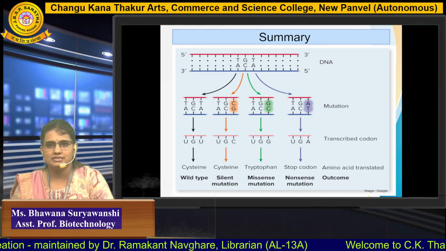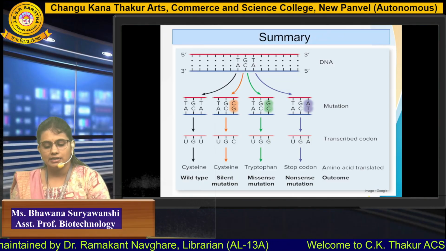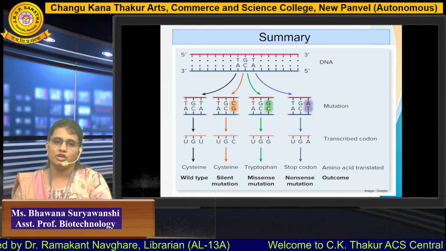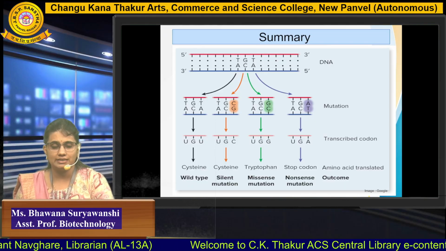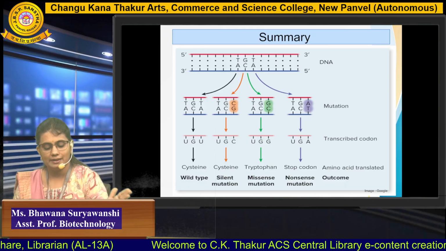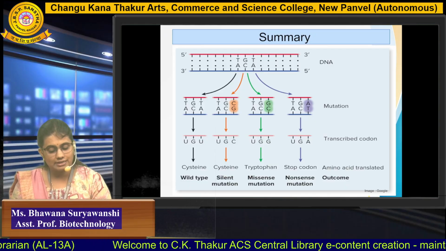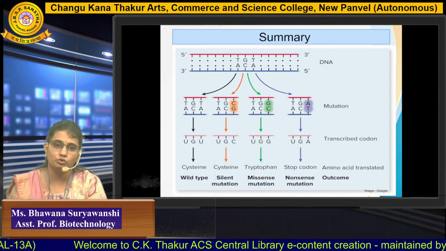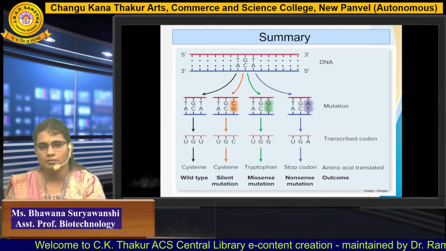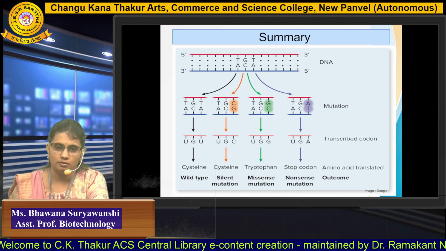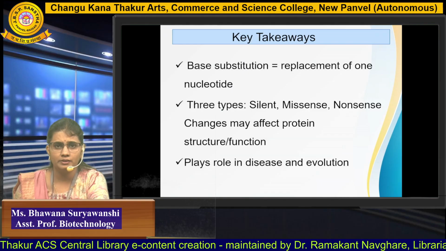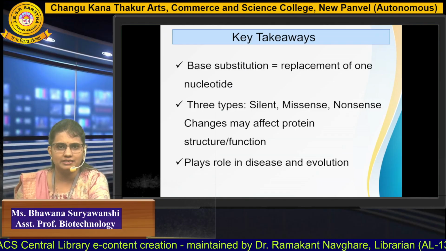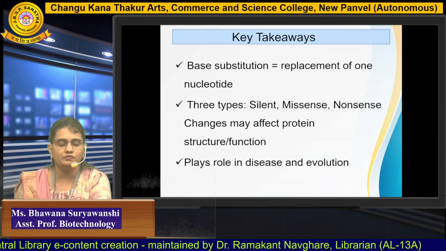So this is the summary. As I said, in DNA there is a change in the bases, there is a transcribed codon that we can see on the screen, and wild type, silent mutation, missense mutation, nonsense mutation. These could be the three outcomes of the mutational events that are occurring. Okay, so what we have seen, base substitution, this is very important, students.